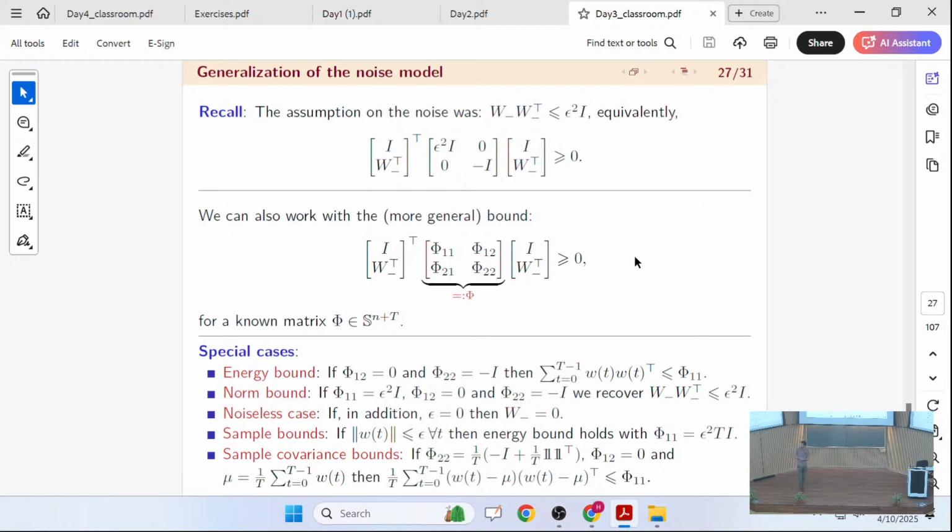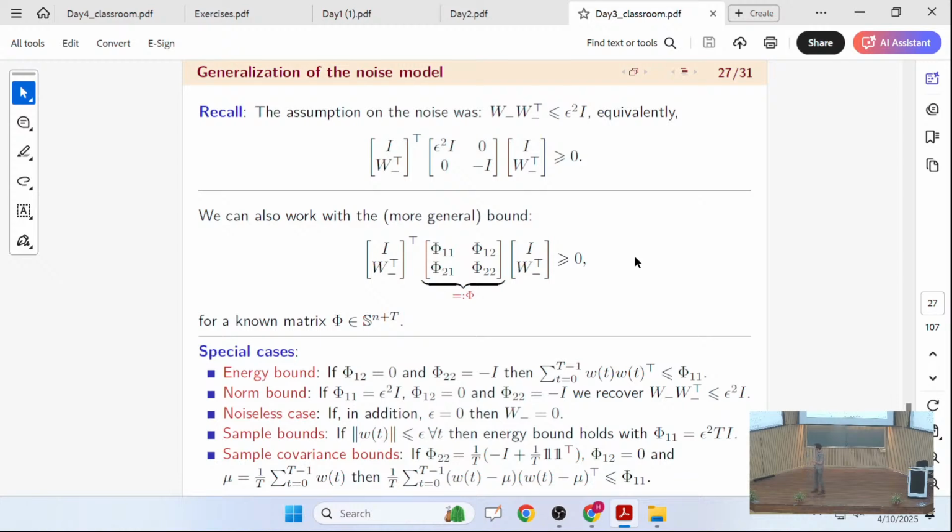We introduce some conservatism. Now, the big question is whether I could somehow improve the conditions for informativity for quadratic stabilization if we have these sample bounds on the noise rather than energy bounds on the noise.